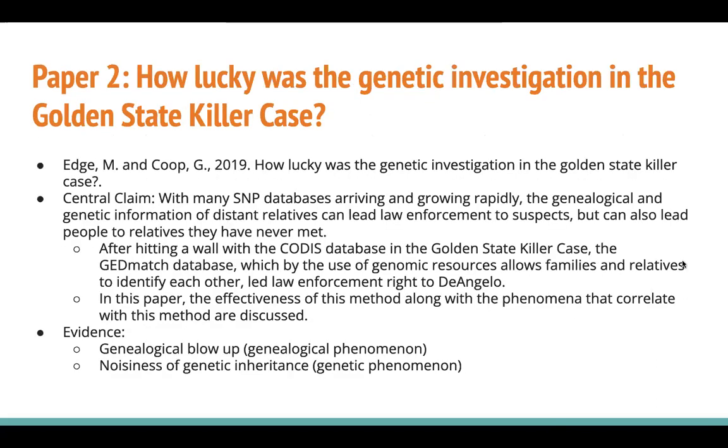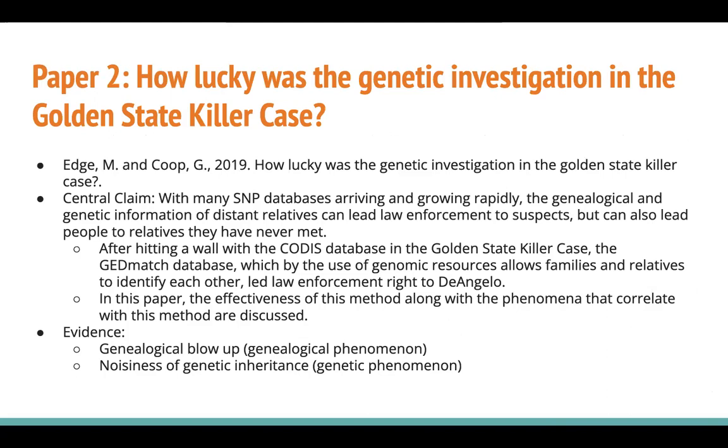Okay, paper 2 was called How Lucky Was the Case, or the Genetic Investigation in the Golden State Killer Case. This paper discussed the Golden State Killer case and how the genetic investigation enabled law enforcement to find Joseph DeAngelo, a serial killer and rapist.